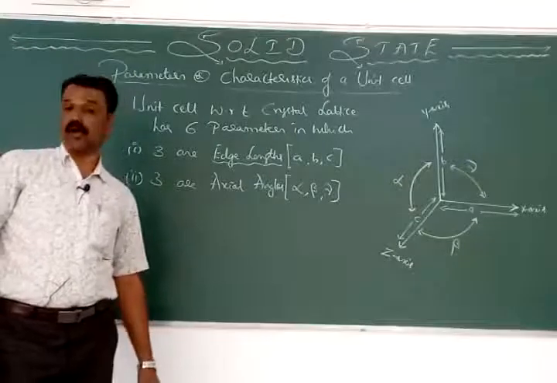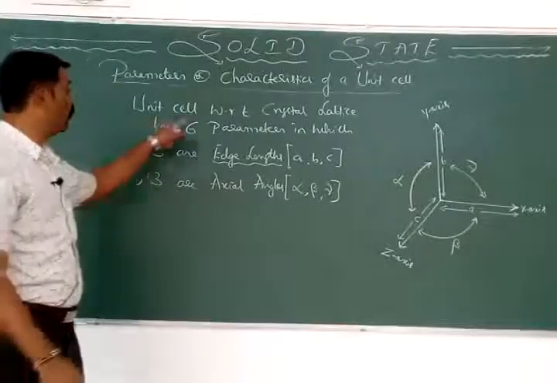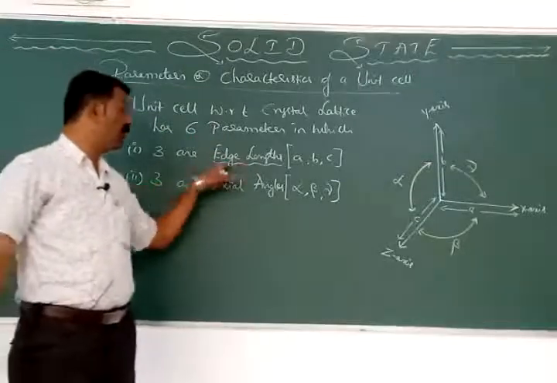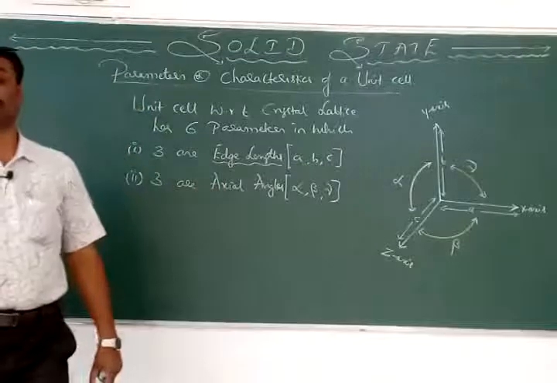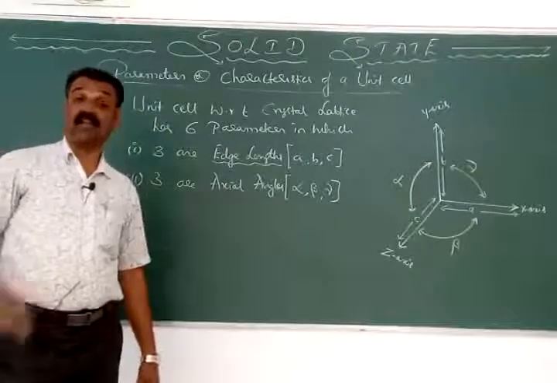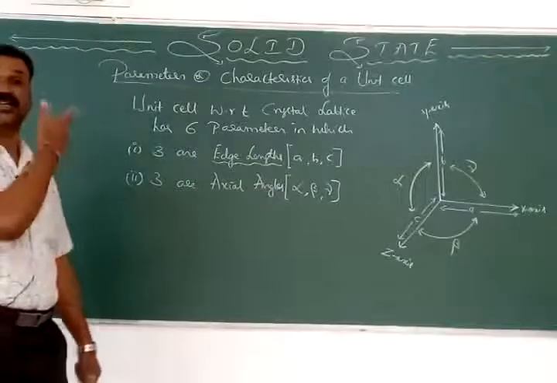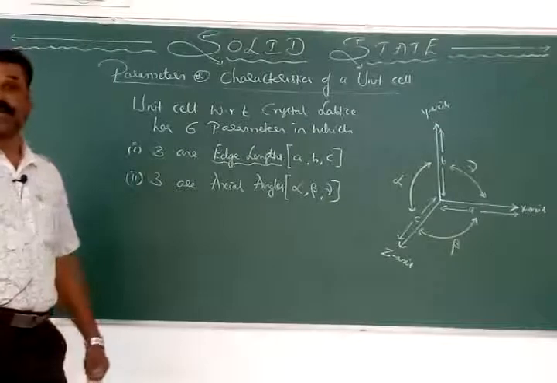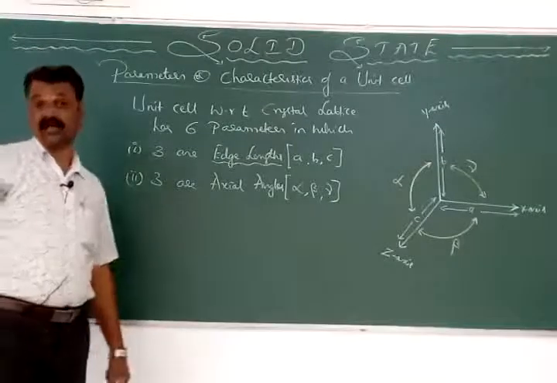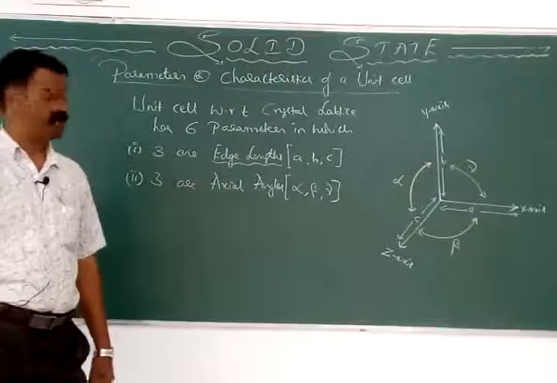Any internal structure of a crystalline solid with respect to the unit cell is characterized by a total of 6 parameters, in which 3 are the edge lengths and 3 are the axial angles. The edge lengths are the lengths along the X axis, Y axis and Z axis, named A, B and C. The axial angle is the angle between two different axes.